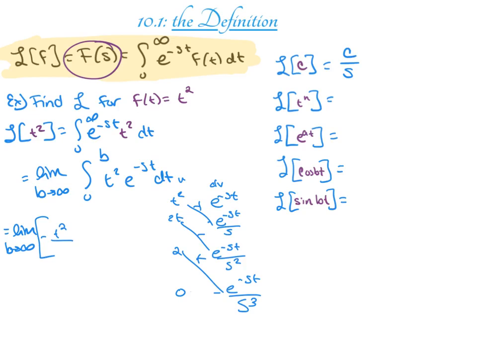t squared. I'm going to write the e to the negative st in the denominator, so s e to the st, which makes my limit a little easier to do.